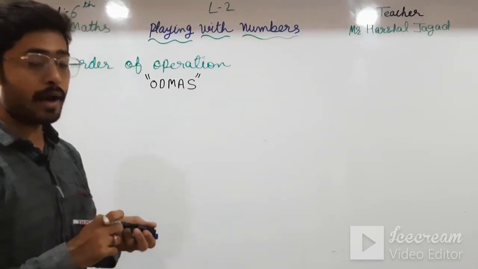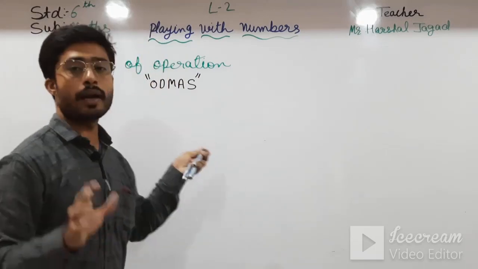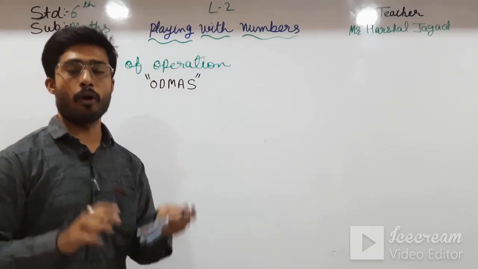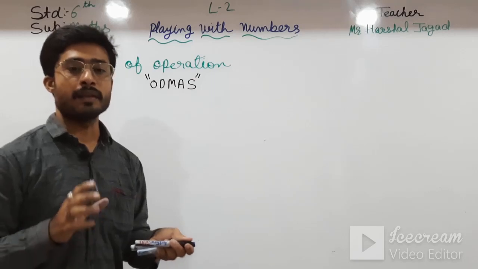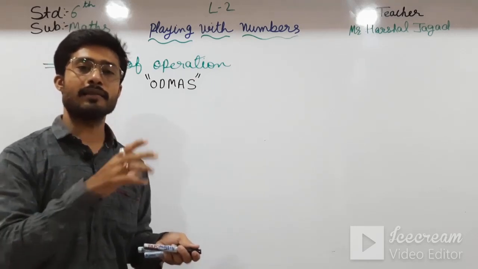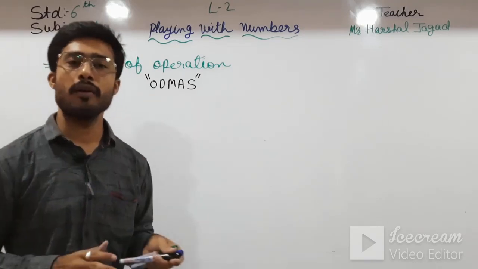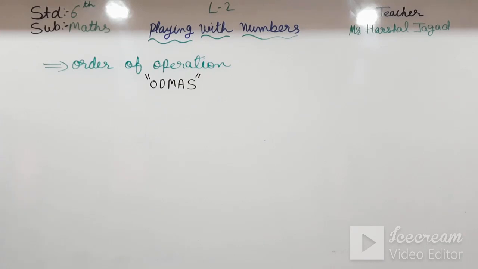Okay students, you have to remember this. Then only you can solve problems in which multiplication, division, subtraction and all the things are together. If you don't know this one, you can't solve that. Let us see what is O, what is D, what is M, what is A and what is S.